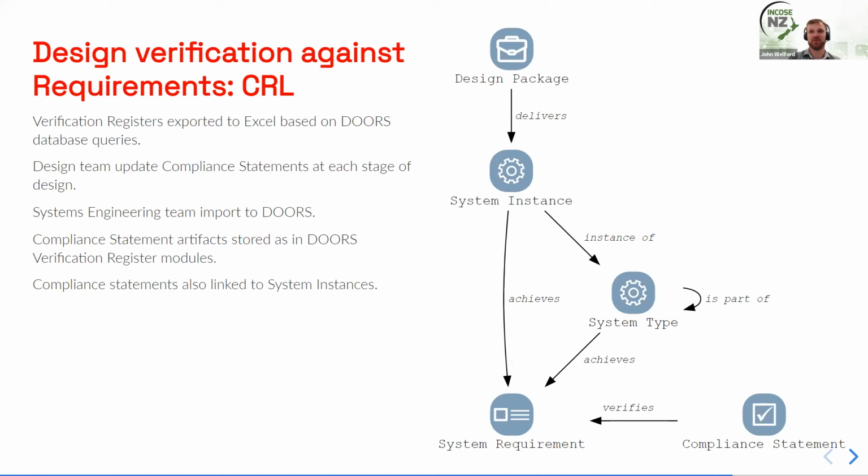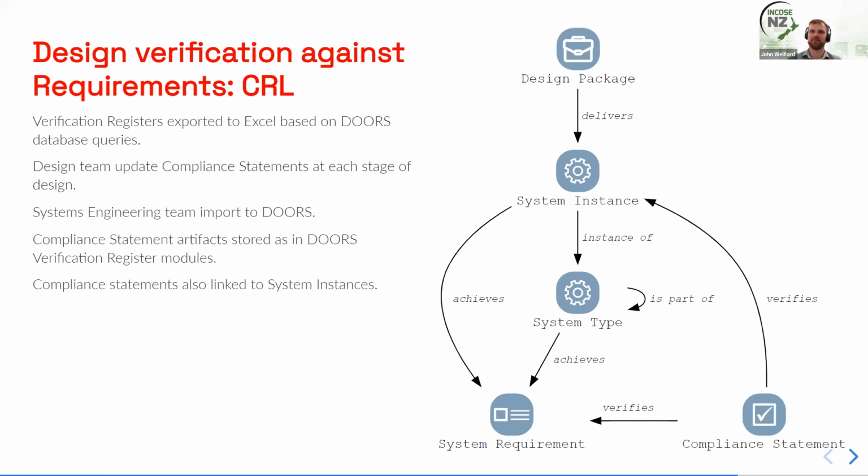So to make sure that we understand exactly what we're talking about, we link our compliance statements both to the system requirement that they're verifying and the system instance that they're verifying. So we might have one package being compliant with a requirement and the same requirement be non-compliant on a different package. And it's important that we understand which package is compliant and which one's non-compliant.